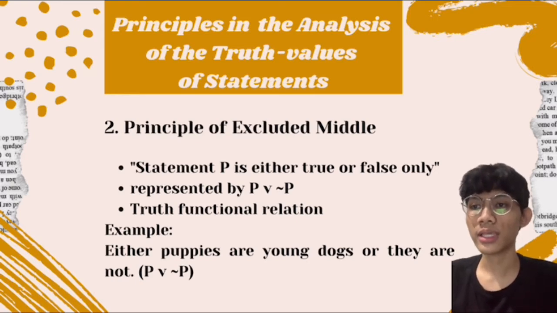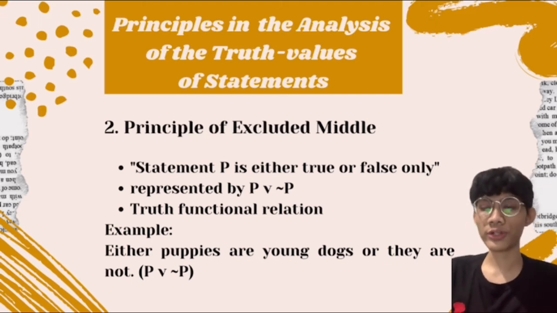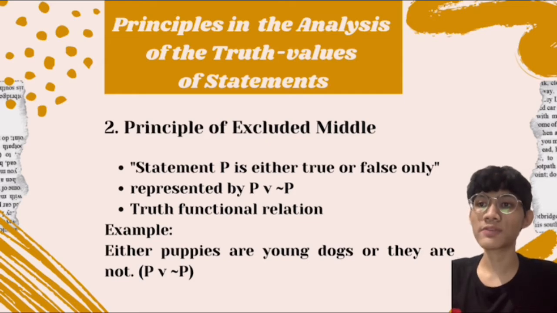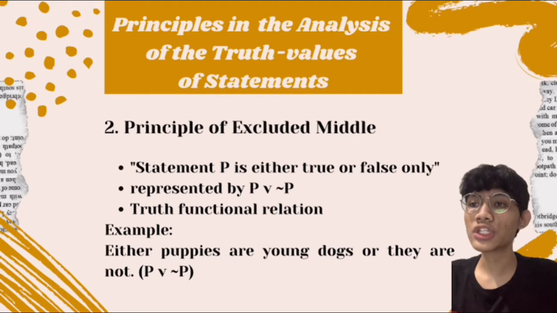Logicians have a technical name for this relationship. It is called truth-functional relations. This means that P and negation P are truth-functionally related. Now, if we consider the reverse, if the affirmative P is false, then it is the negation P that is true. When you see the negation sign before a statement, it does not necessarily mean that the statement is false.